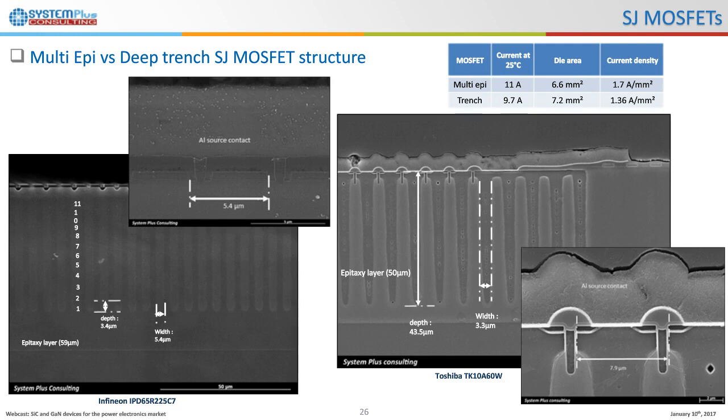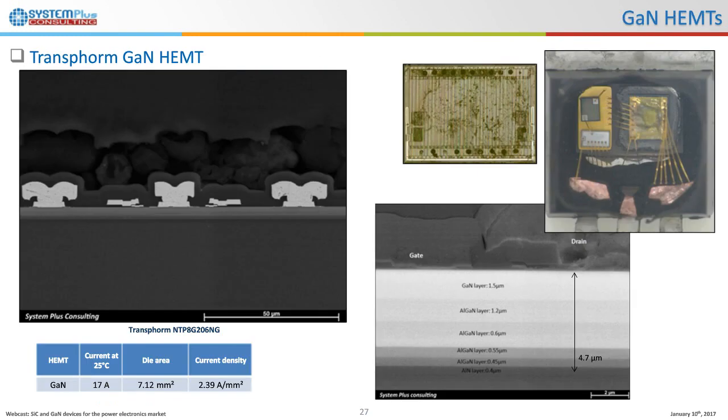You see the current densities are quite similar for the two types of devices. The structures of the MOSFET can be planar or trench. If we look at what happens in gallium nitride transistors, the competitors, first of all we analyzed the transforms GaN.